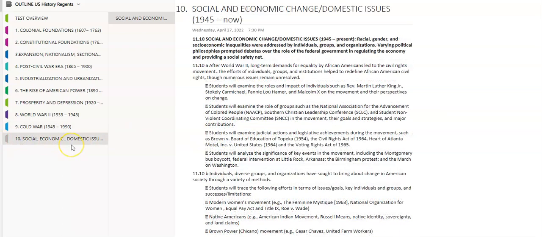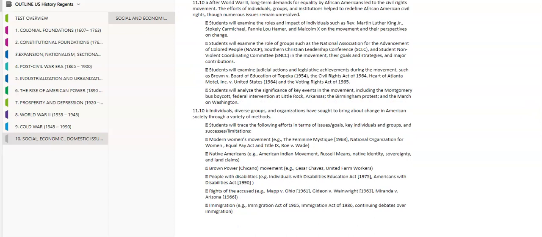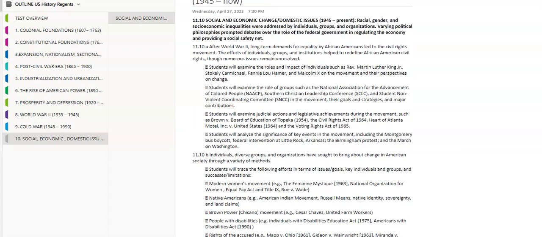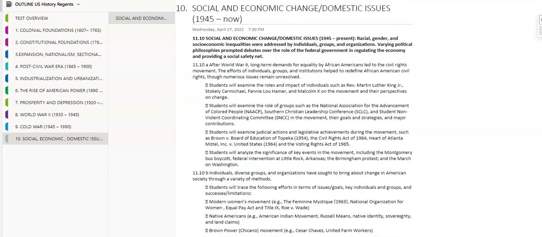And then the section 10 here is social issues and problems within the country, changes in American society, like the Civil Rights Act, like the modern women's movement, like the environmental movement, expanded citizens' rights, expanded ideas about free speech and so on in the 50s, 60s, 70s, and 80s.